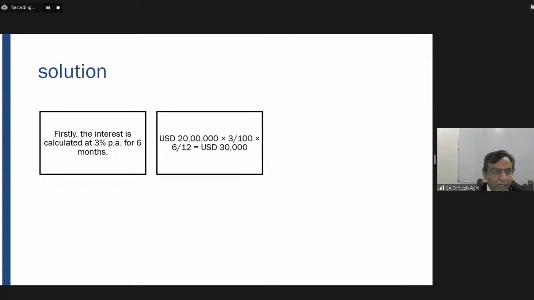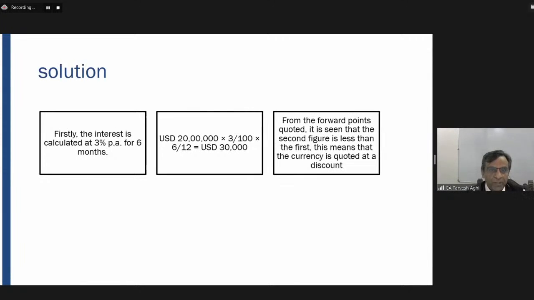We multiply by 3 divided by 100, which is 3%, and the loan is for 6 months. So the interest is calculated at 3% per annum for 6 months, and we get the interest as 30,000 US dollars.